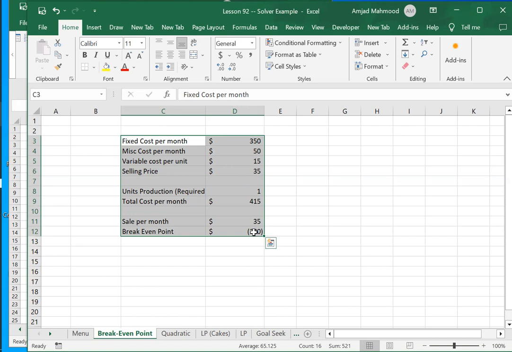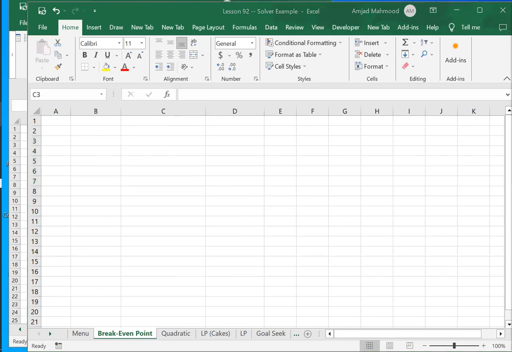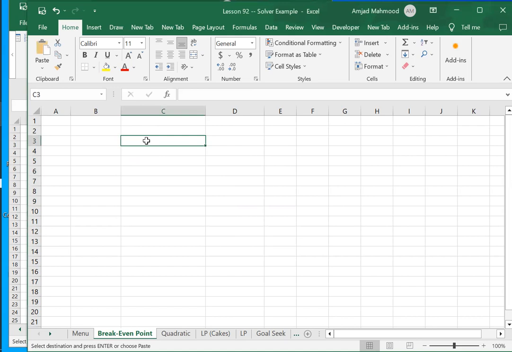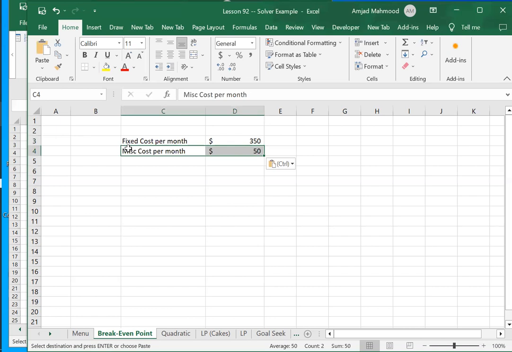So let's rework it, item by item. First of all, we take the fixed cost per month, right? And then you have certain miscellaneous cost, a one-time cost. This fixed cost is also a one-time cost.